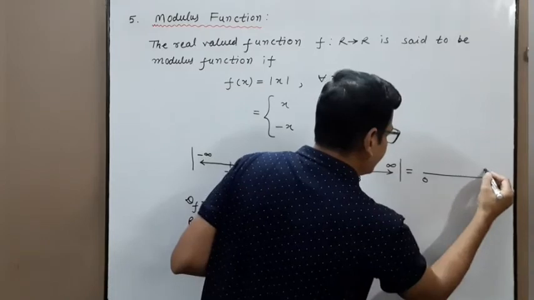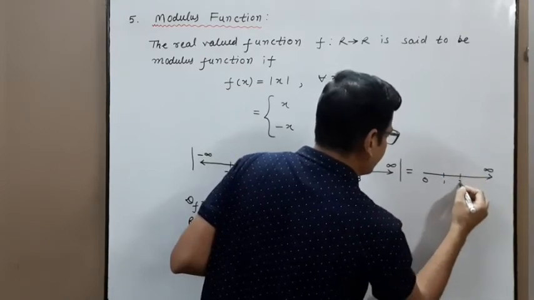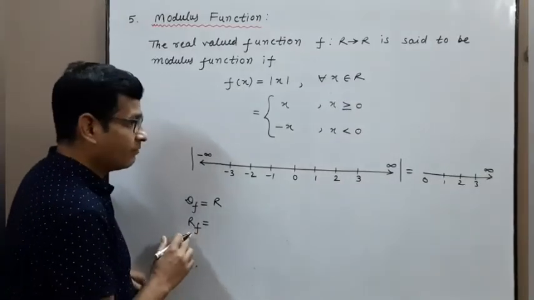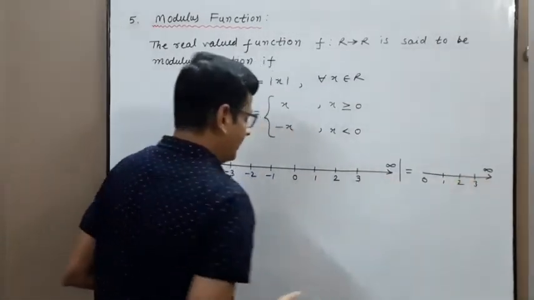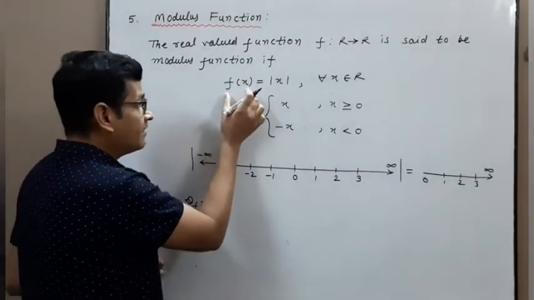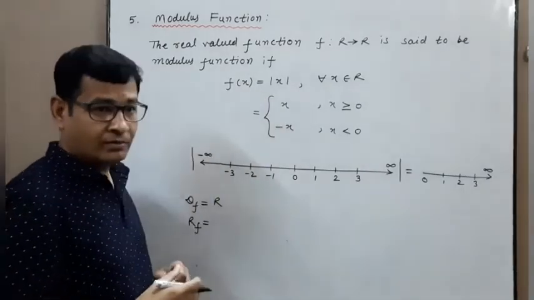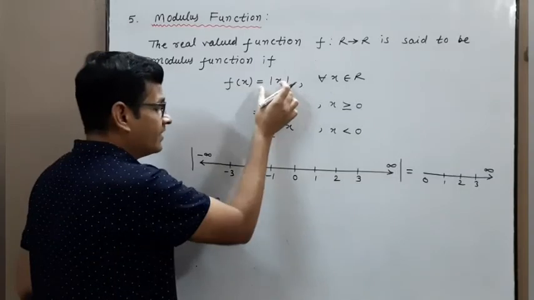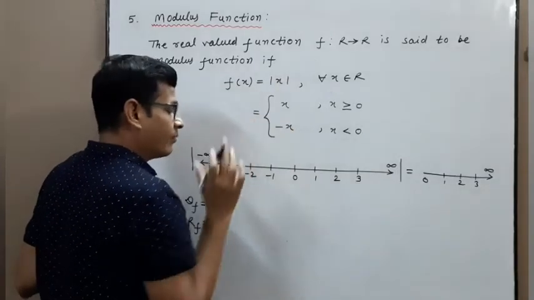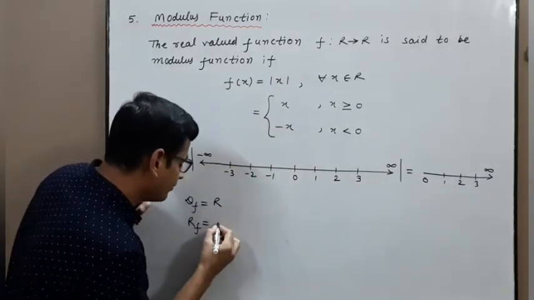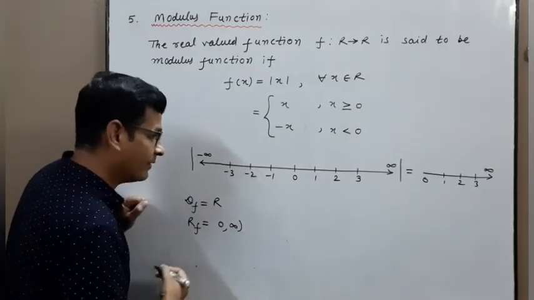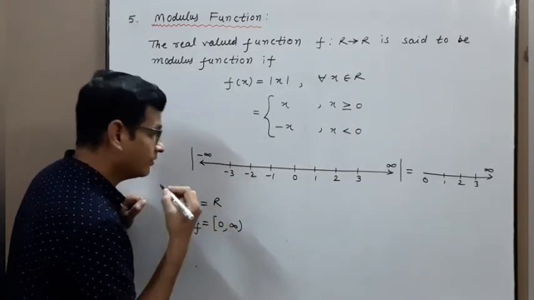So range f equal to 0 to infinity. Range f means the set of all possible values of f(x), and the value of the modulus function is positive. Here we always write a small bracket, including 0.